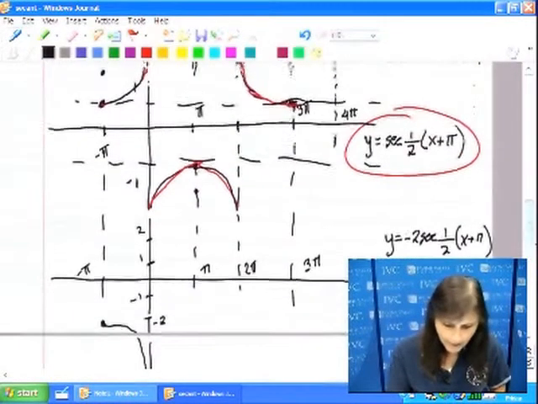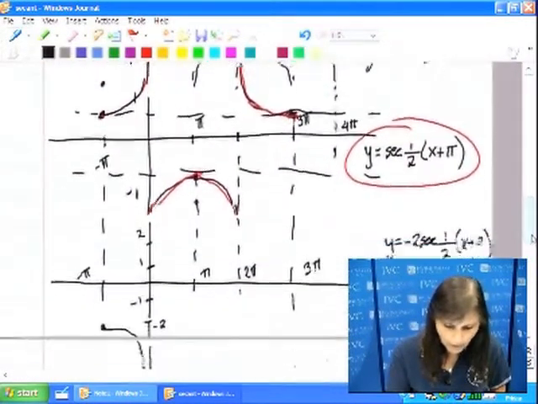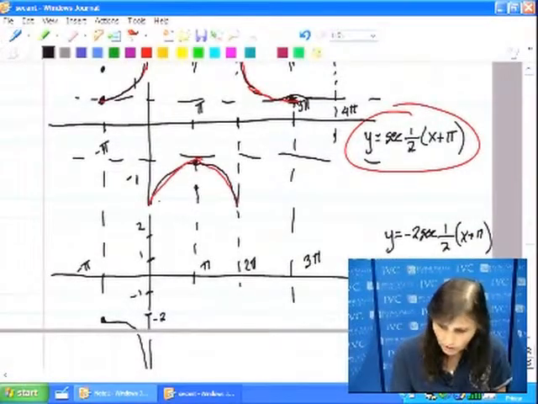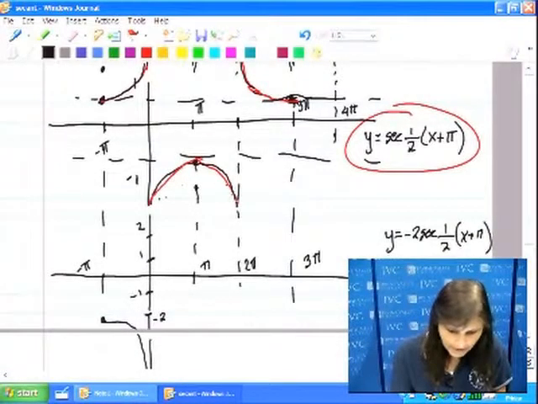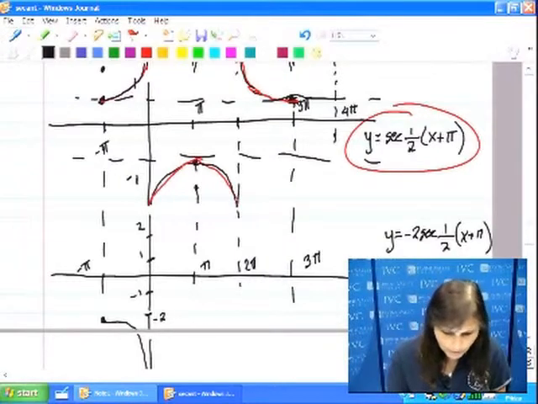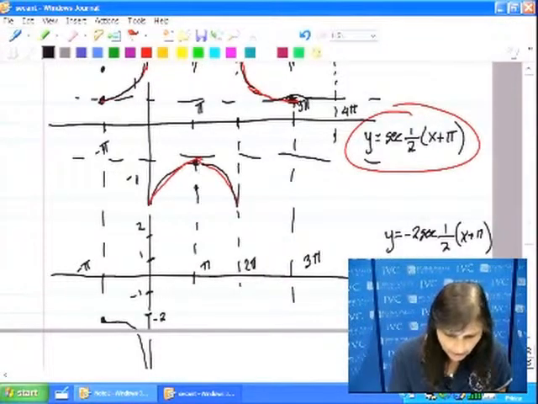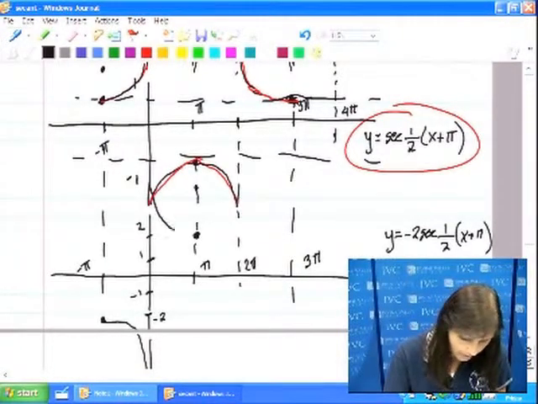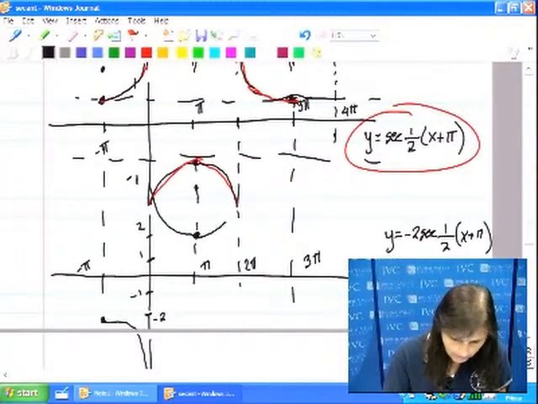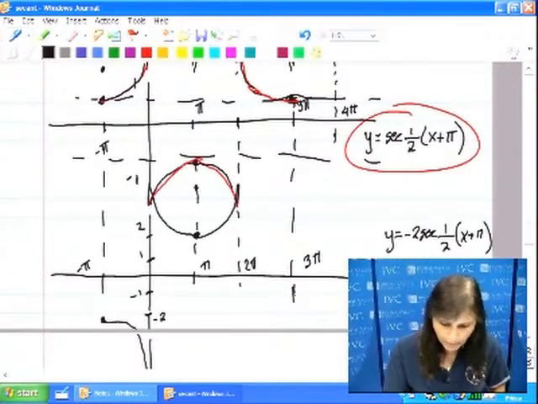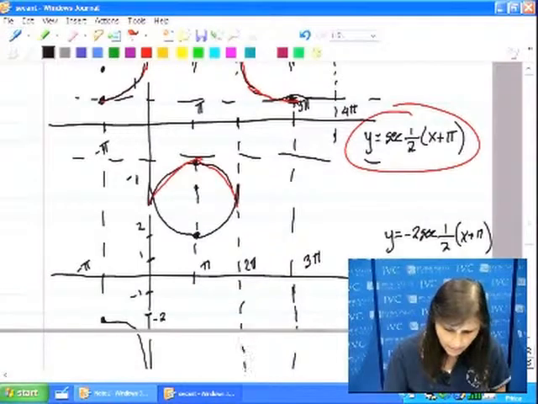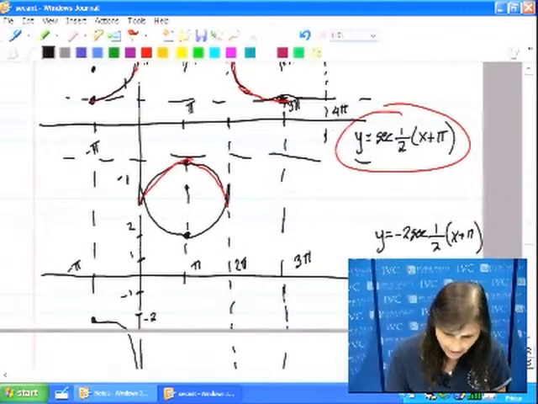Now, what will happen to this guy? It used to be upside down. Now it's going to be right side up. And that -1 is going to move to 2. So it's going to look like this. And what will happen to this guy? It's going to be at, again, like that.